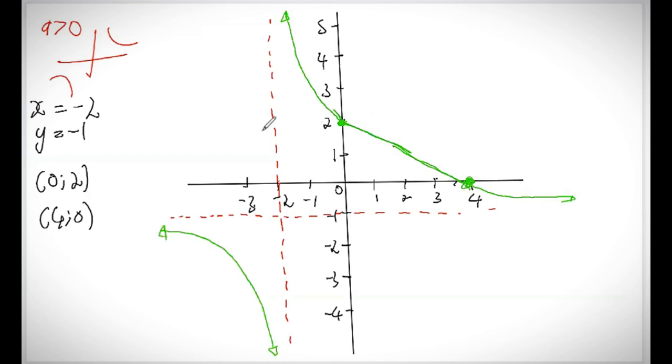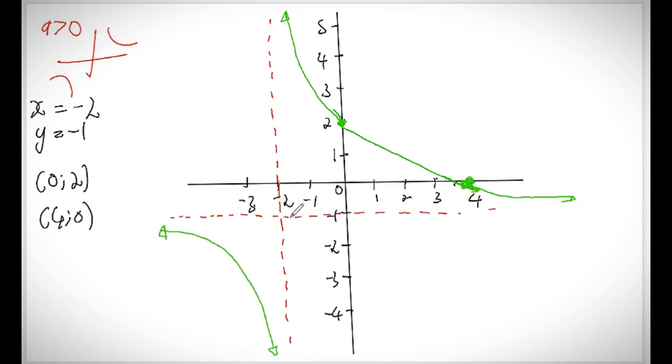Then your shape should be something like that. So let me just try to make it smooth there. And then, yeah, that's how you were supposed to have your graph.